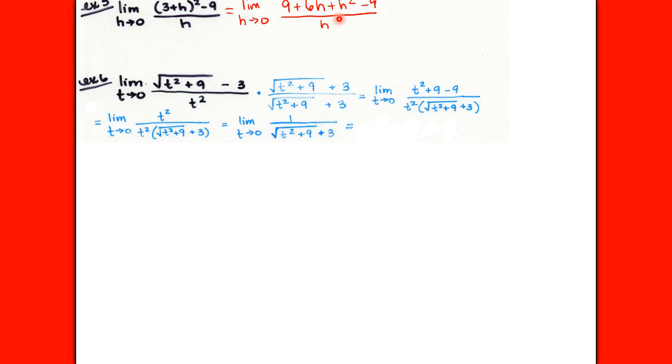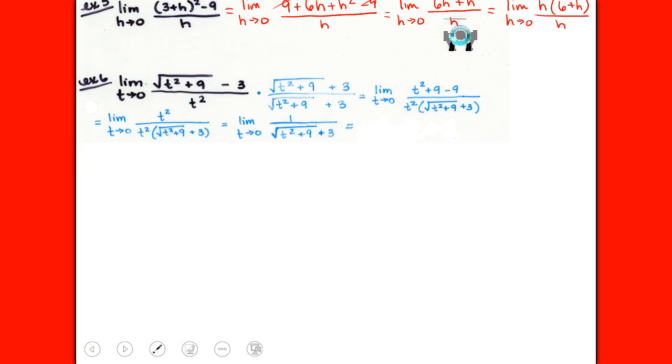And then we had our minus 9. What would you do next? Cancel the 9's, all right? So I'm left with 6h plus h squared. You cannot cancel things that are being added. So I can't cancel these h's right here. The only way that I can cancel those is if I factor the h out of the numerator, then I can cancel that h in the numerator and denominator.